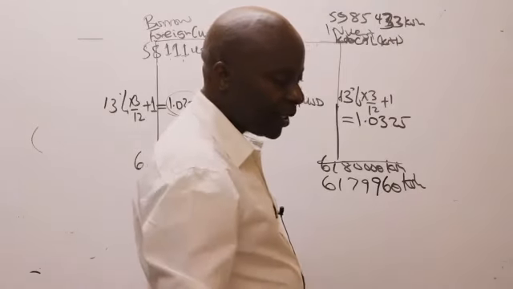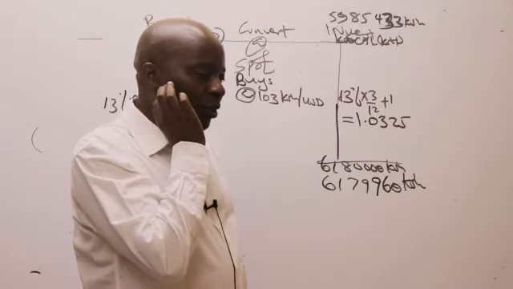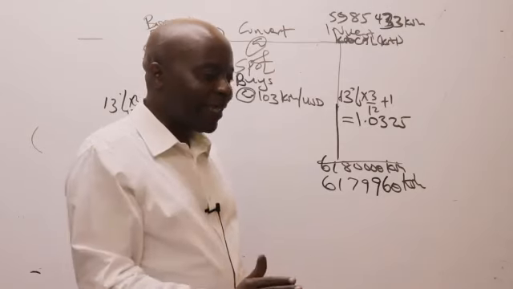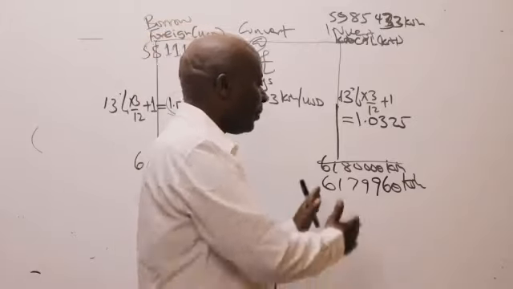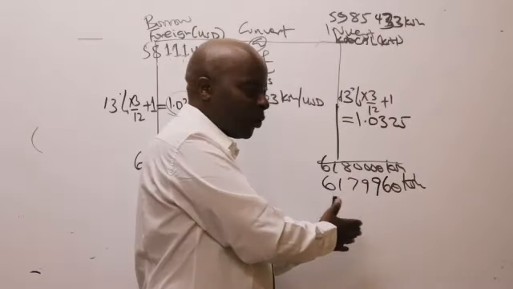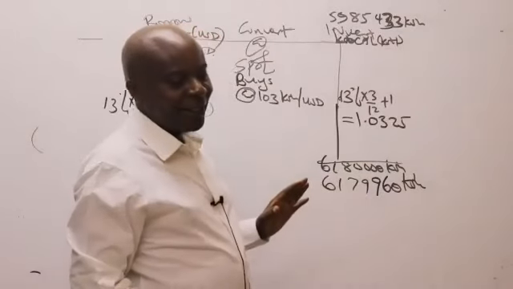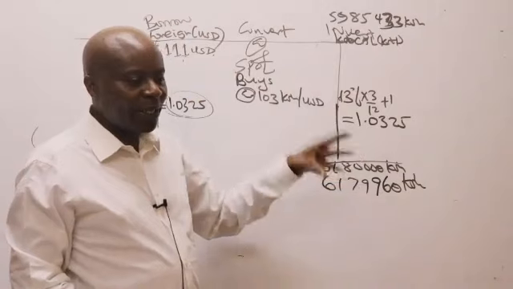Now, Mayomi is asking, for foreign payment borrow local, would one divide at borrow and multiply at investment? Mayomi, we don't want to cram this thing that way. For example, if it was to be the other one, maybe this 60,000 would have come here as US dollar. So what am I supposed to do? Up, divide, down, multiply. Should I multiply up?